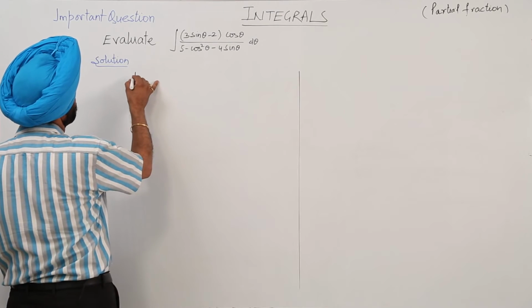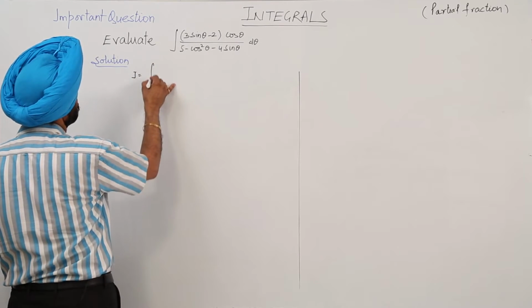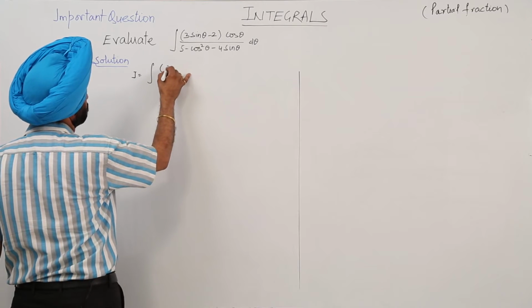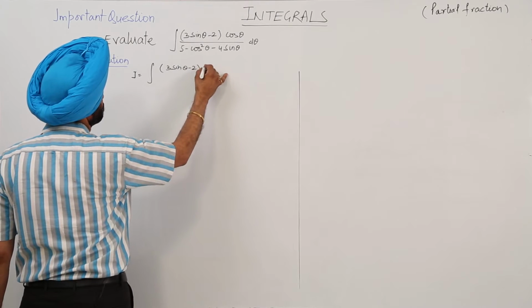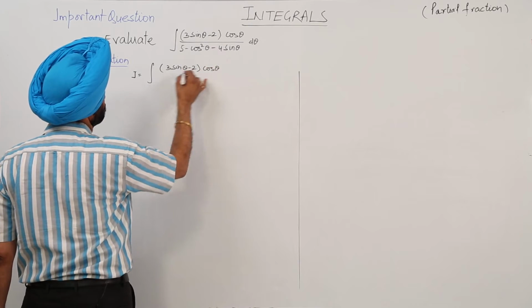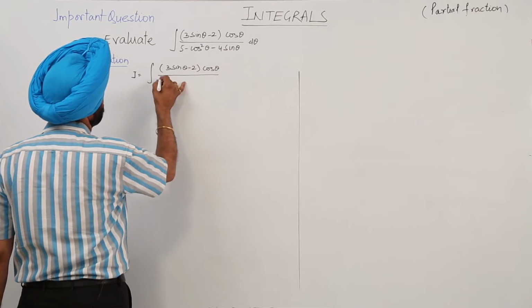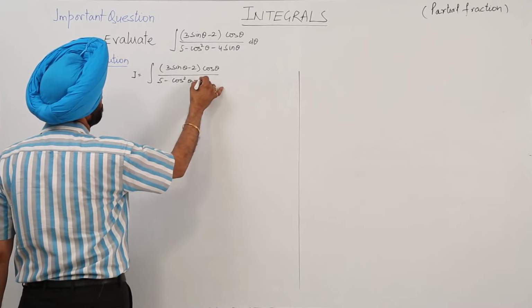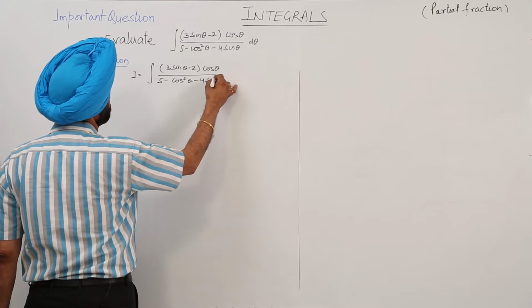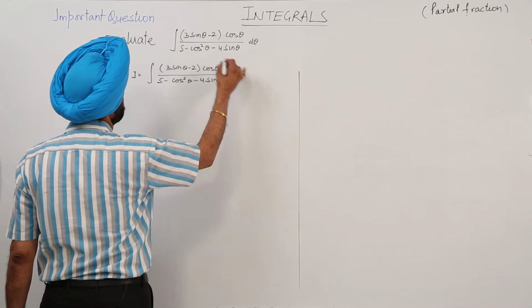An important question. In this question, what we have in the bracket is 3 sin theta minus 2 cos theta upon 5 minus cos square theta minus 4 sin theta d theta.